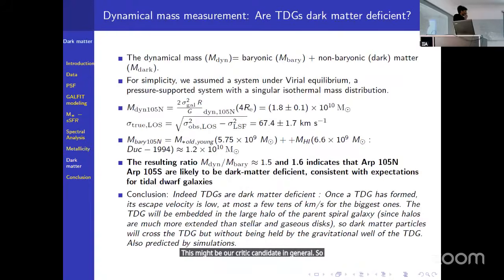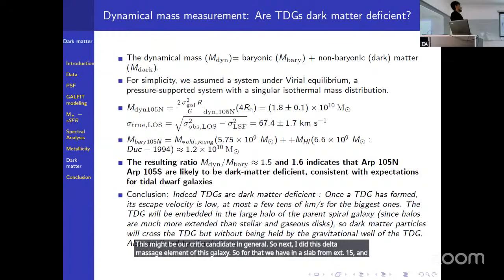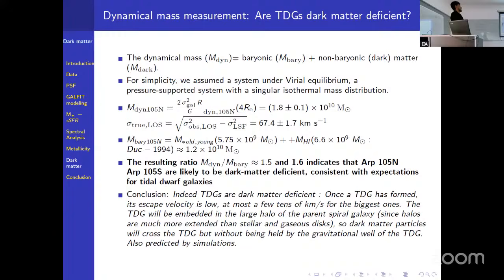Next I did this dynamical mass measurement of this galaxy. For that we have the stellar mass from SED fitting, and then for measuring dynamical mass, this is a dynamical mass of around 1.5 to 1.6 solar, on that residue.